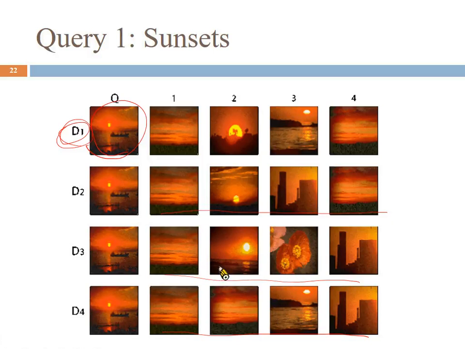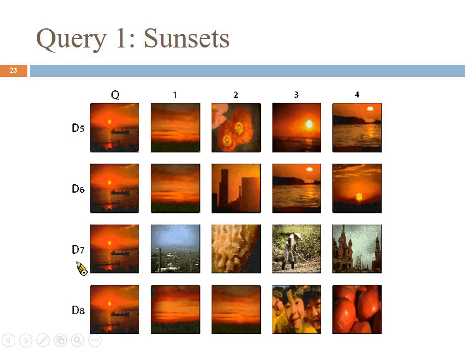We can see that the returned images based on D3 are not so accurate. Here, you can see that this is a sunflower, not a sunset. Remember that D3 is the Minkowski distance based on the binary set.